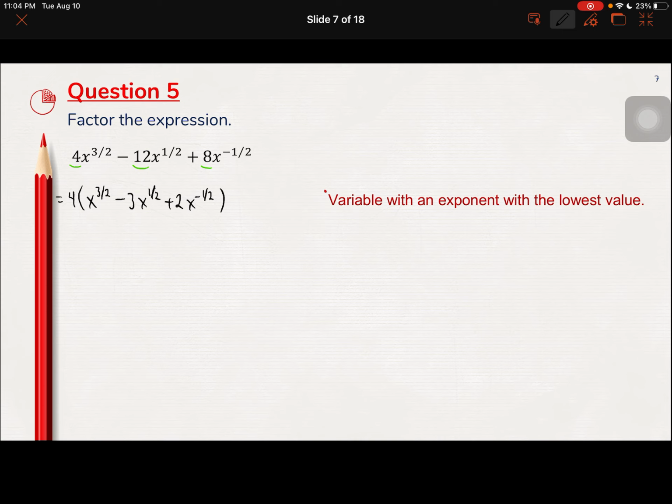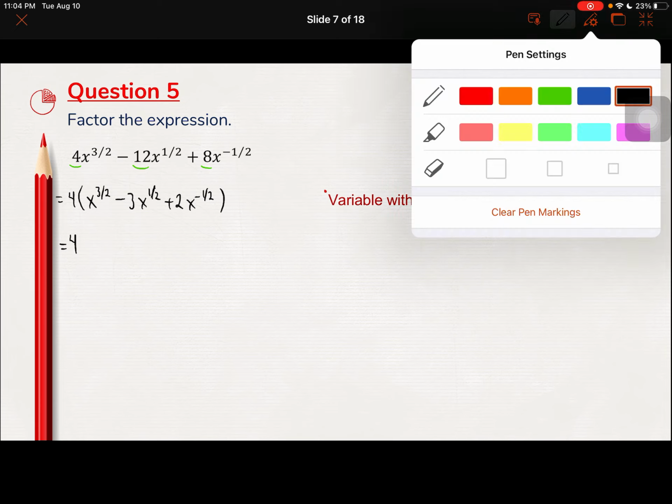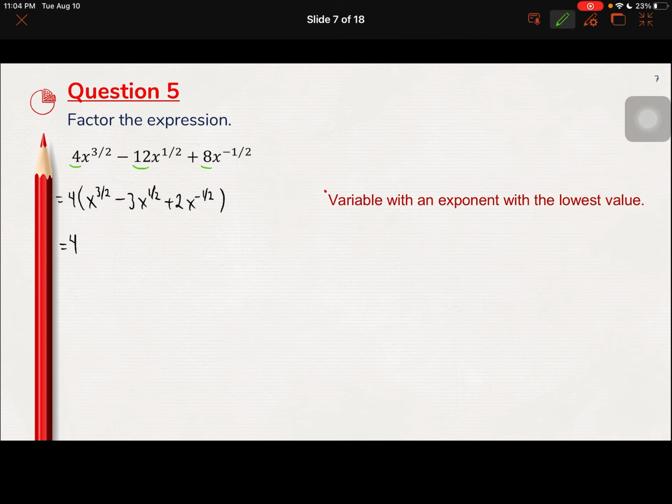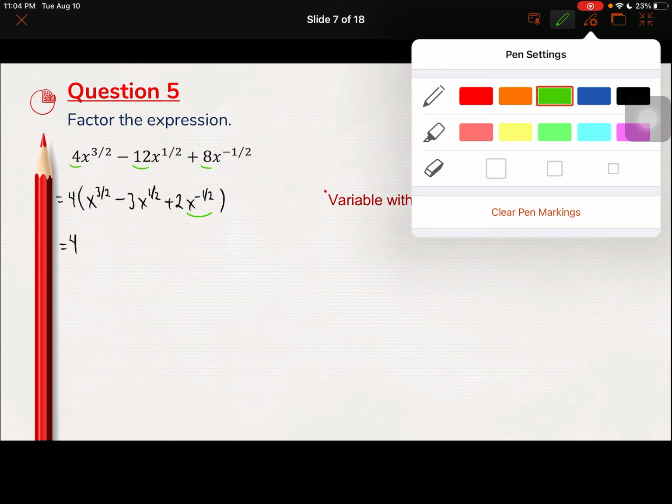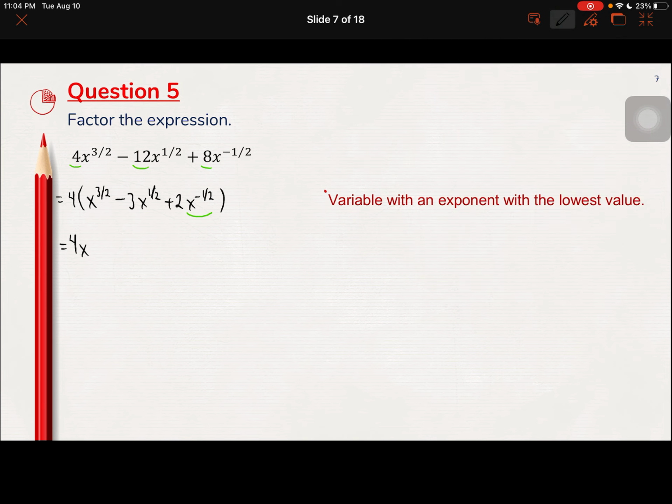That can be a hint that is telling us which one is going to be outside the parentheses. That means that you factorize, or it is a common factor. So the one here with the lowest value is x to the minus 1/2. So I'm going to put it here outside.